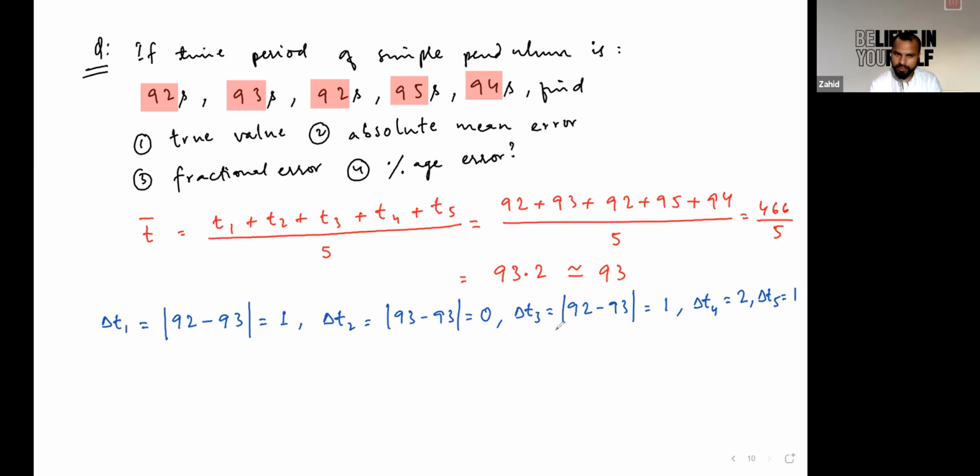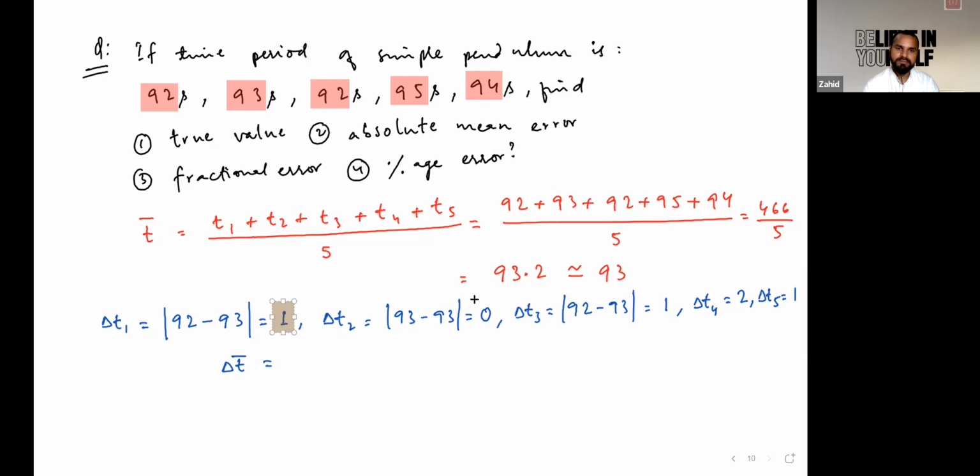Now take the mean of all these deviated values, so it will give you delta T bar. Just put all the values of delta in this part and take the mean of it. Sure, try to solve.